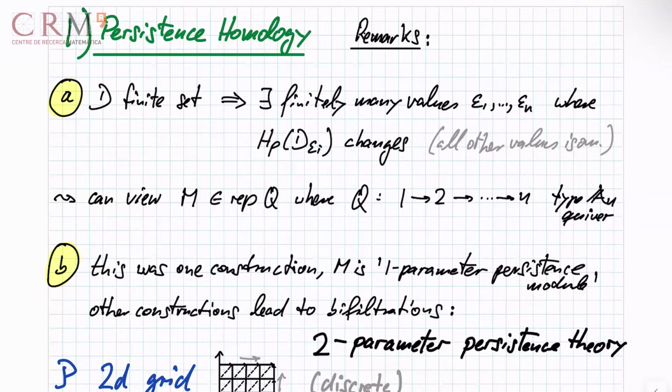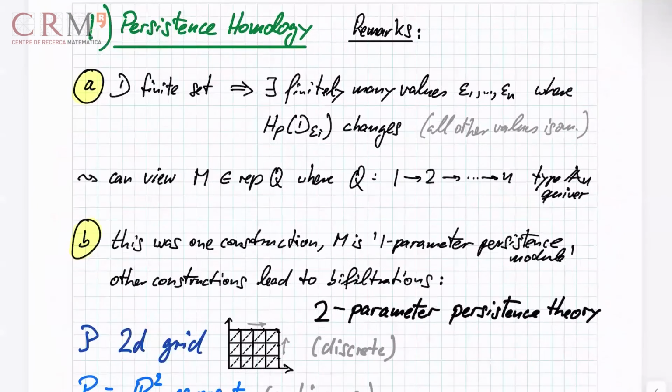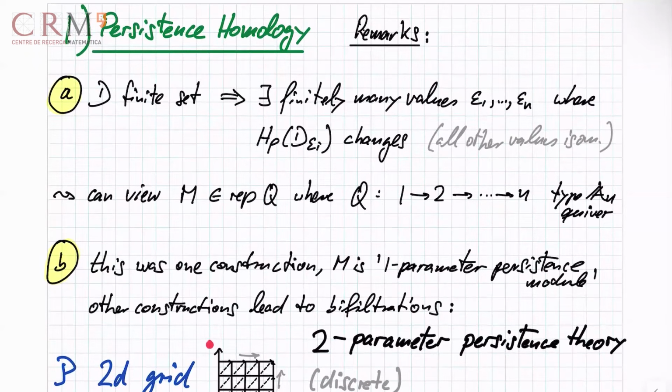Then you would get something like R squared as a poset, or maybe the discrete version would be such a discrete grid. If I do the same game as here, there are only finitely many values where the homology changes. We would have such a finite grid, which is a part of R squared as a poset. So these are all very valid posets that should be looked at. Okay.